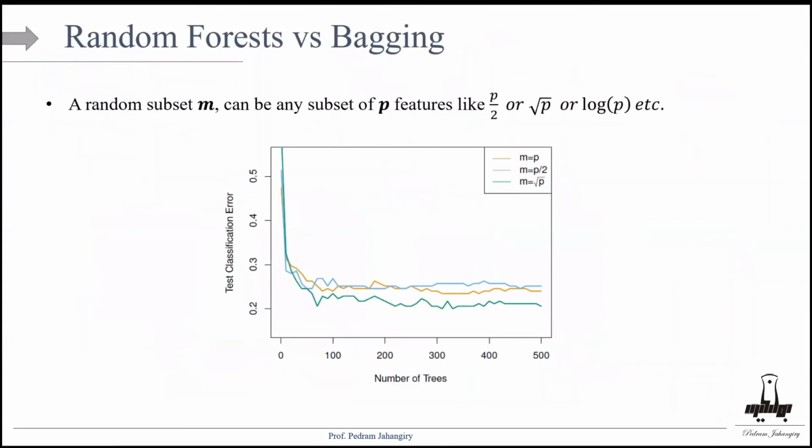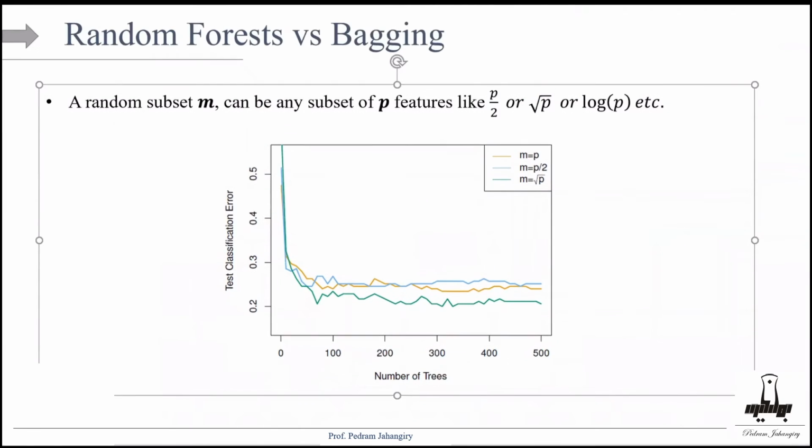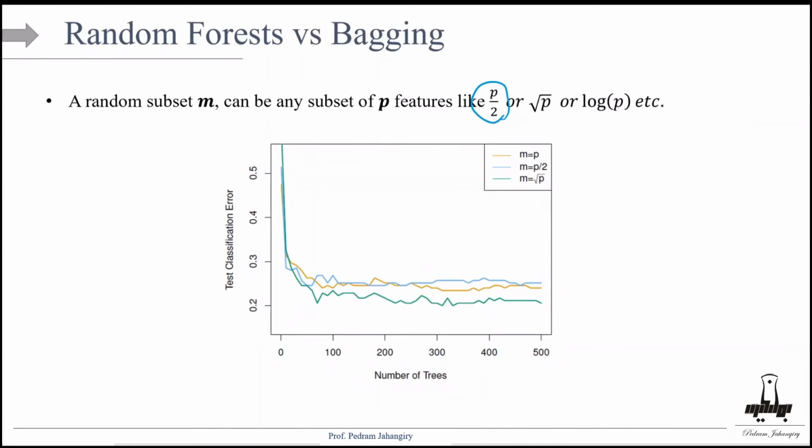But in practice, usually we use M to be much smaller than P, right? For example, we use P over 2, the square root of P, or log base 2 of P. If I want to give you an example, imagine the original data has 10,000 features.